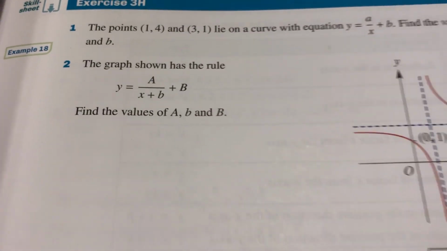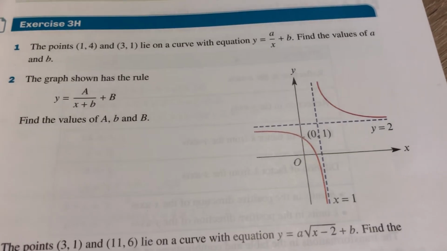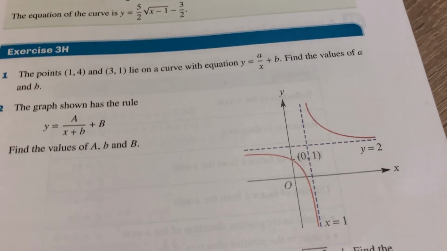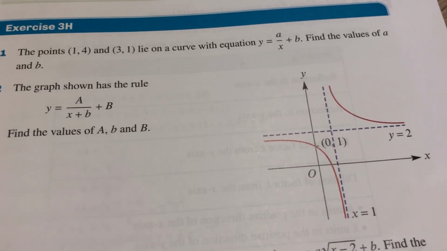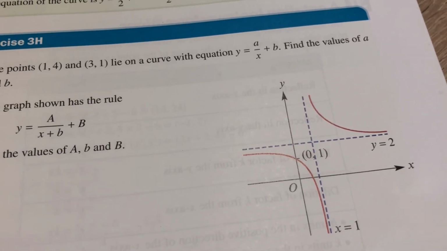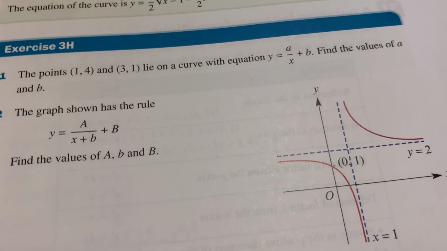If I zoom out a little bit, you can see we've got x is equal to 1, so our vertical asymptote is where x is equal to 1, and our horizontal asymptote is where y is equal to 2. And we've got an intercept that's listed at 0 and 1.